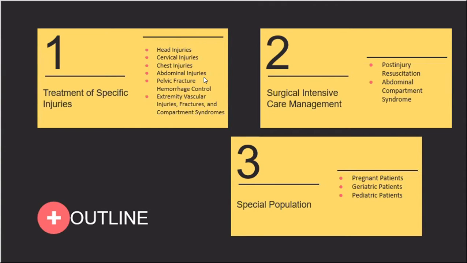First we discuss the specific treatments of certain organ systems from head injuries to vascular injuries. Next, we go to surgical intensive care management, post-injury resuscitation, and abdominal compartment syndrome. And next we discuss special populations, your pregnant, geriatric, and pediatric patients.